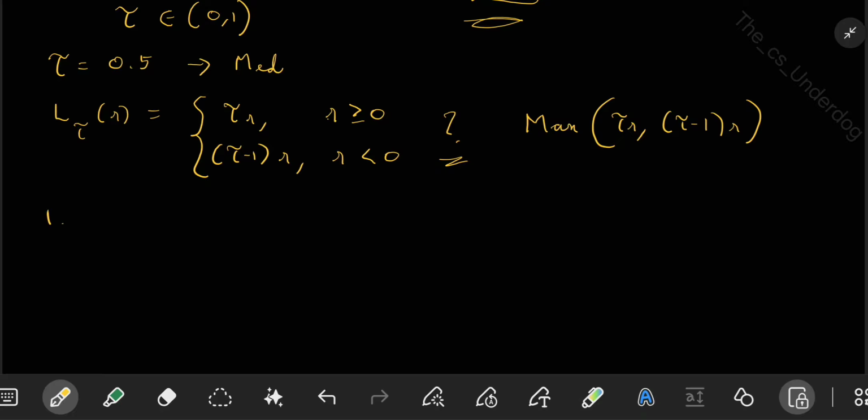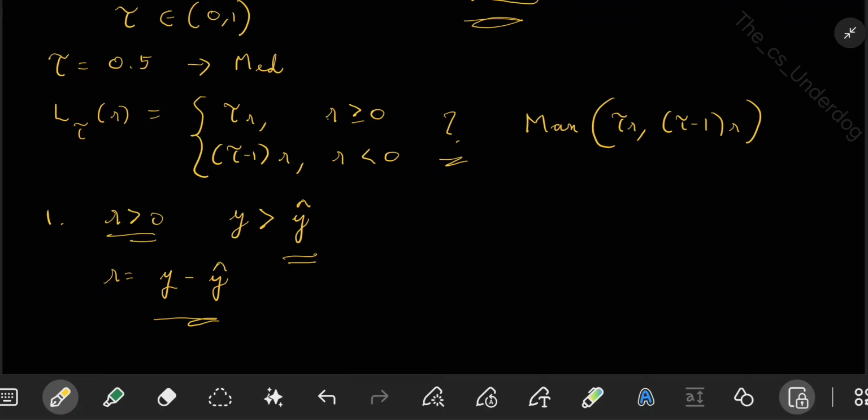Intuition is this. First case, whenever residual is greater than 0. That means your prediction y cap is lesser than y. Why is this? Because your residual is y minus y cap. If this is greater than 0, that means y is greater than y cap.